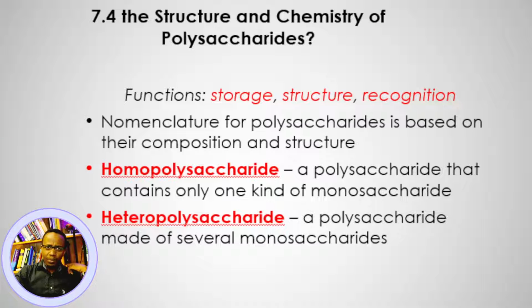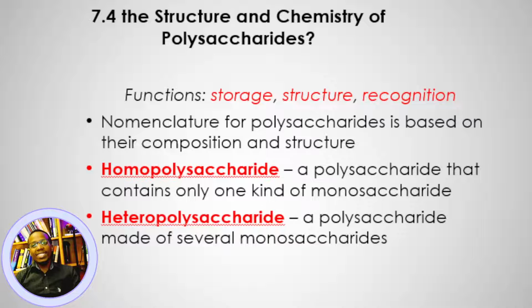So when we look at these in nature, in humans and in plants, they usually serve two or three main roles, but mainly two: storage and structure, right? By storage, it's mainly energy storage. But some of them also serve as recognition molecules, and we'll talk more about that.